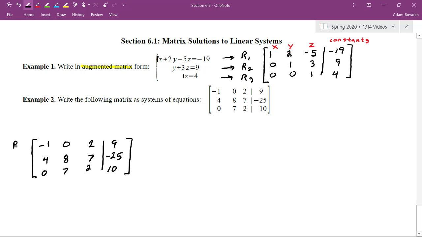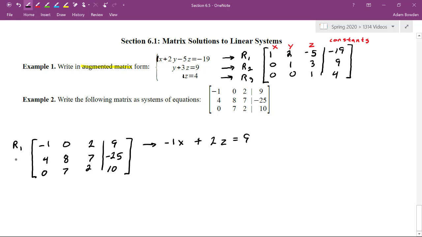Okay, so row 1 is going to turn into the first equation, which will go -1x. There's a 0 for y, so we have no y. We have plus 2z equals 9.